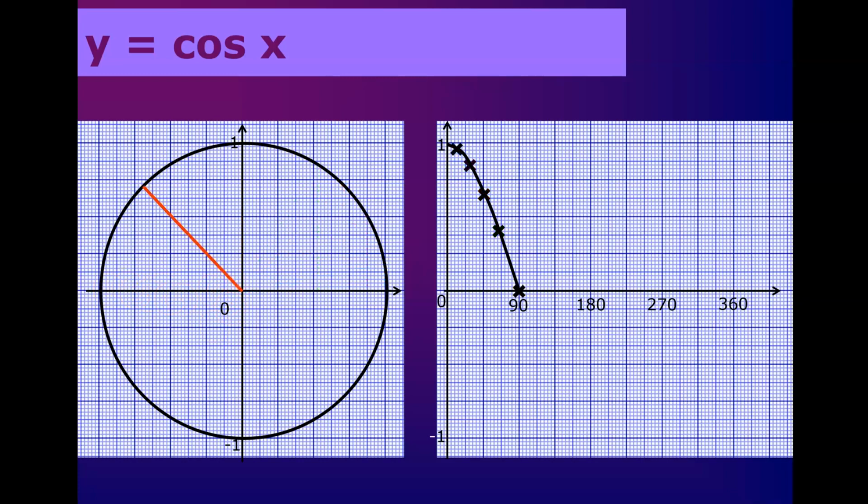So you can carry on working your way around, 135, whatever values you want to put in, and your curve starts to take shape, and we end up with our cosine curve. Very similar to the sine curve. In fact, it's the same curve, just translated along 90 degrees. So this is 0 and 1, whereas the sine curve was 90 and 1. It's just shifted along 90 degrees.